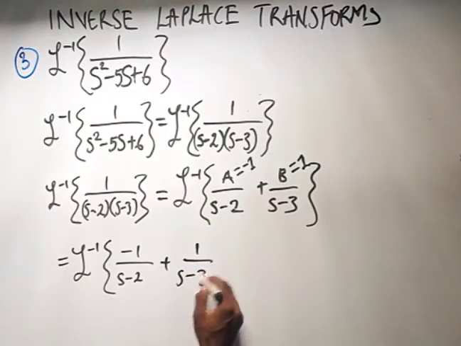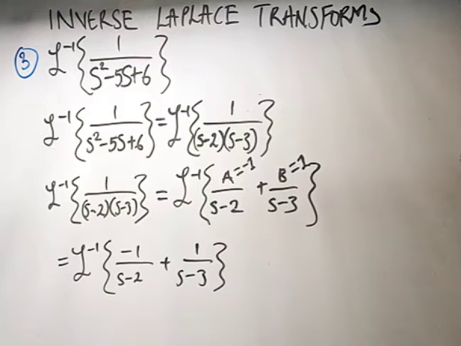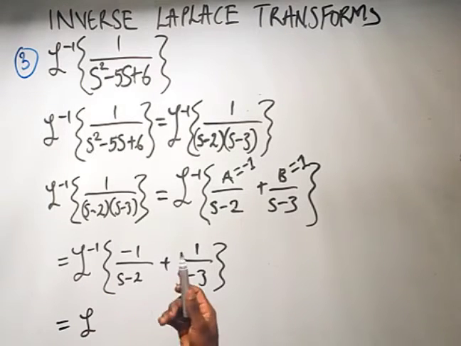So from here, what I would like to do is to split this, noting that one of the important properties of the Laplace transform is that the Laplace transform of the sum of two functions is the sum of the Laplace transforms. It also works for the inverses as well.